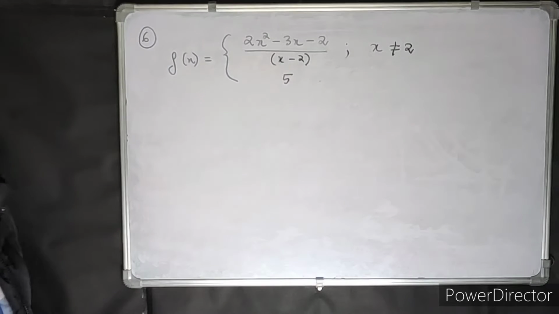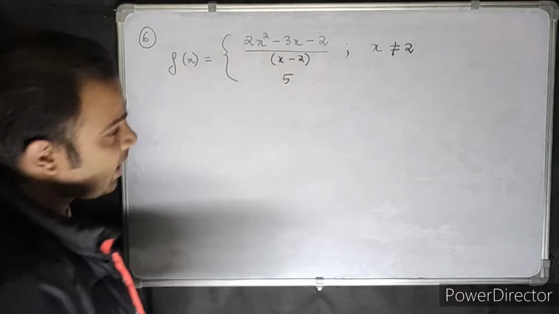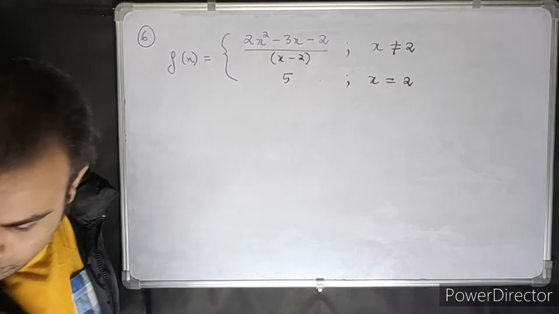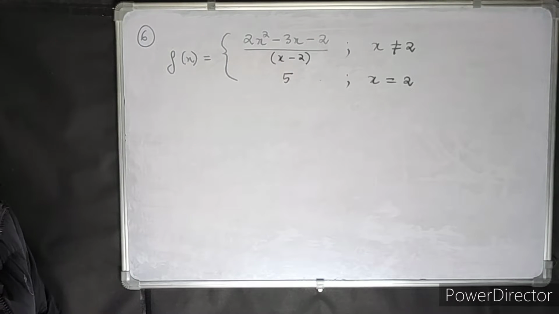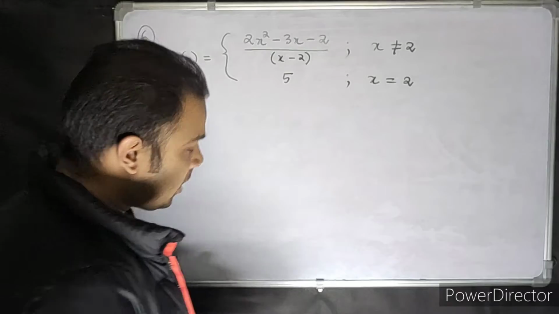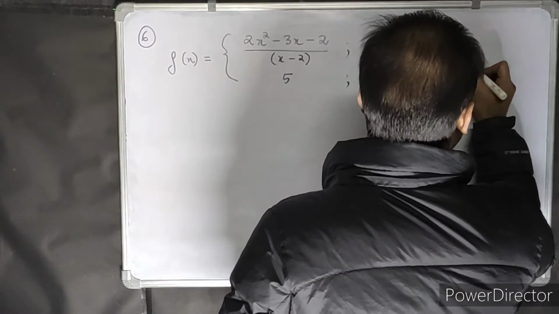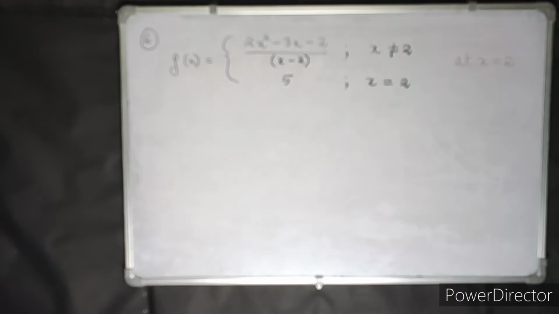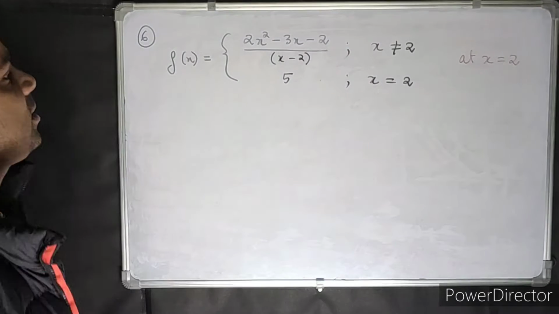It will be 5 when x is equal to 2. And of course you have to check whether the function is continuous at x equal to 2.